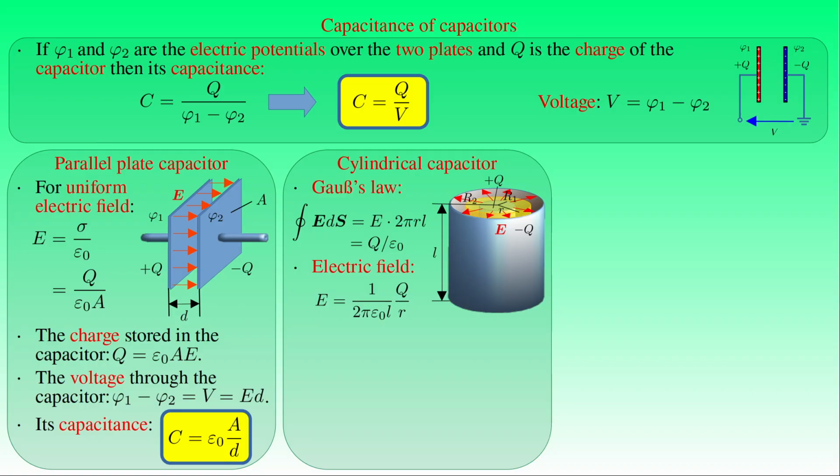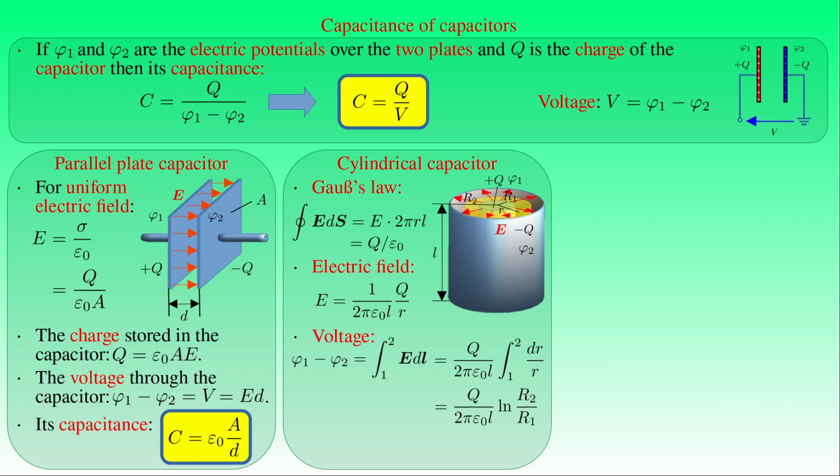The difference between the potentials phi1 and phi2 over the conducting cylinders, that is the voltage through the capacitor, is equal to the line integral of the electric field E along a path connecting the two cylinders. If we substitute the expression obtained for the magnitude of the radial electric field into the integral, we can write it as Q over 2 pi times epsilon naught times L, times the integral of 1 over R from R1 to R2 with respect to R. The integration gives the natural logarithm of the ratio of R2 to R1.